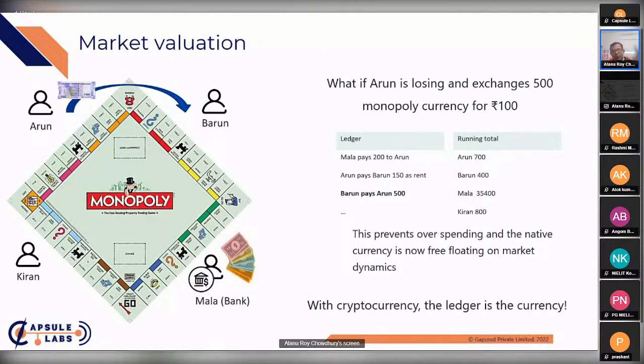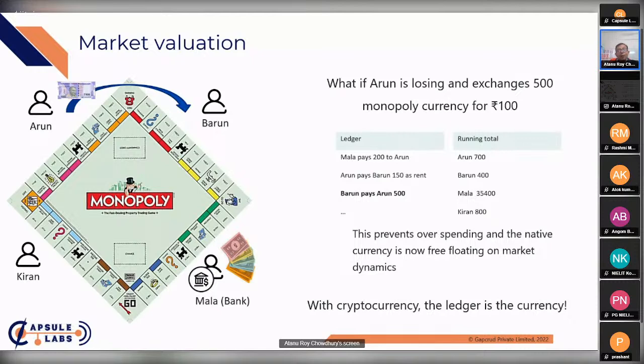Because that would create two variations of the single truth. So I need to be able to force an order on the transactions, and that common order has to be seen by everybody else. That's how you avoid double spending, by forcing an order on the transactions.